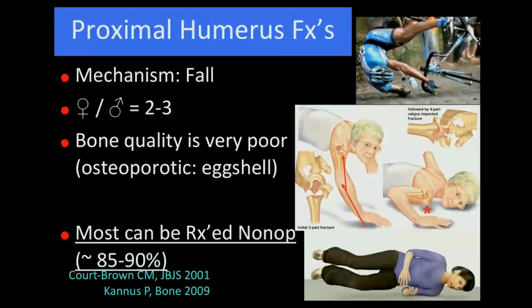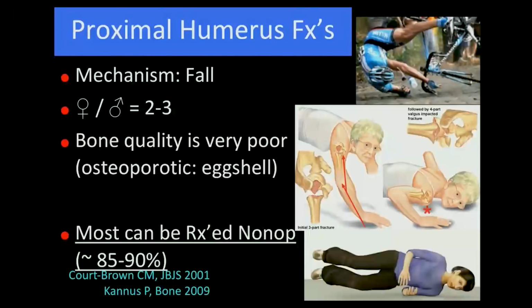When we call it osteoporosis, the bone becomes like an eggshell. When you get severe osteoporosis, it's really like an eggshell. When we treat this surgically in the operating room and touch with our fingers, it's like an eggshell breaking or kind of having a ping-pong effect, like you can actually move it with little pressure.